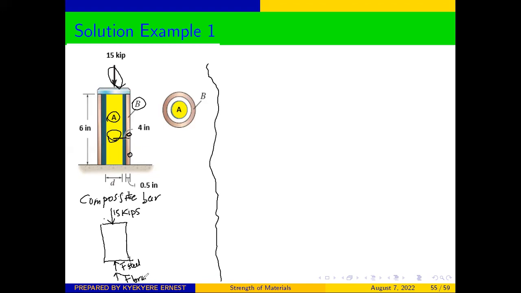So we can call this F brass. From there, we can write our equilibrium equation. We know that any force moving upward is positive and any force coming downwards is negative. So 15 coming down is negative: minus 15 plus F steel, which is going up, so it is positive, and F brass, also moving upwards and positive, will be equal to 0.